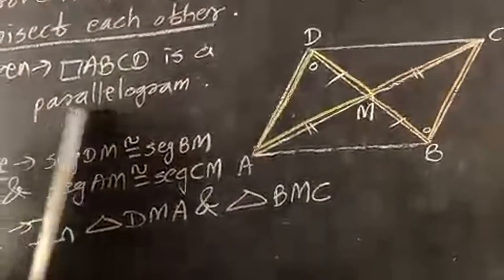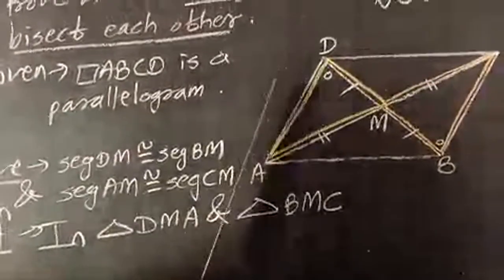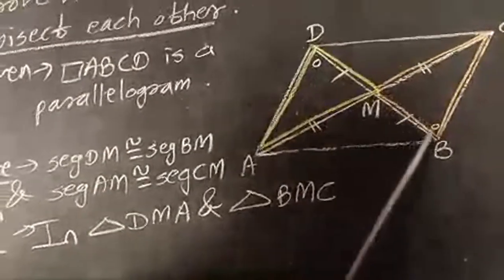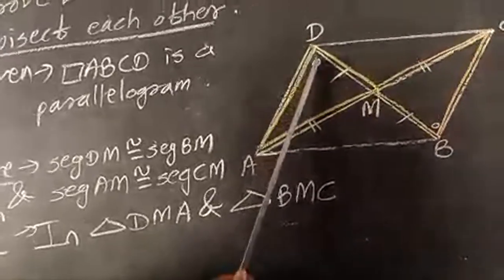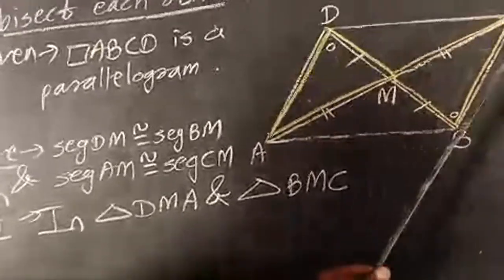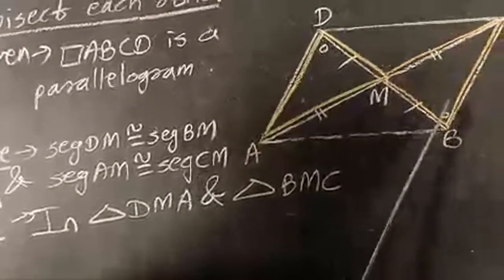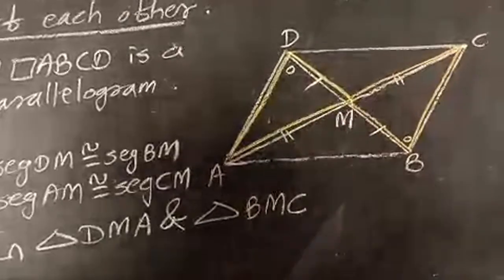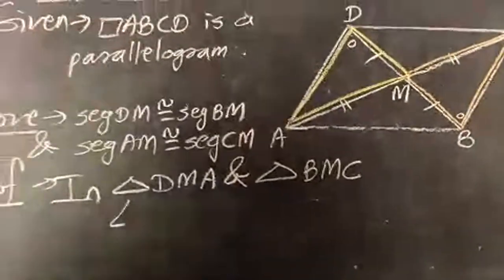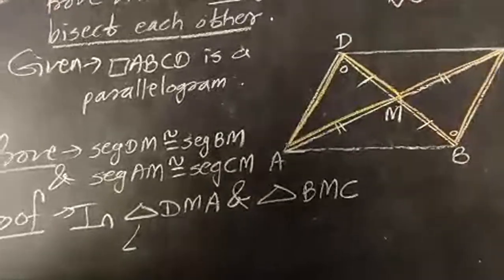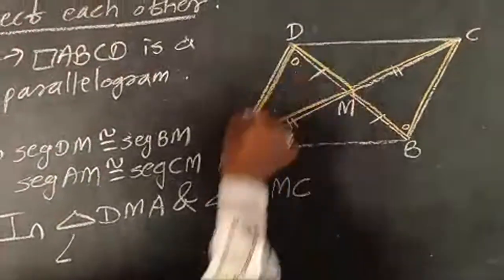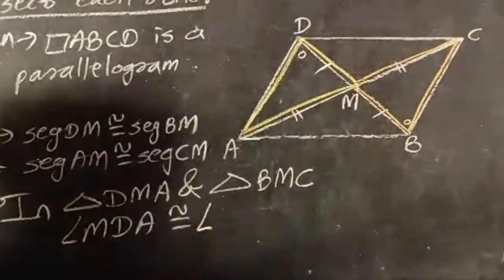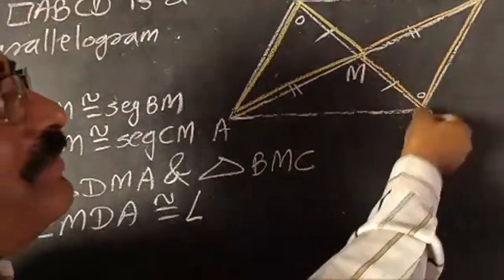Yes, this is a parallelogram, and therefore these two lines are parallel. This line and transversal make the angle at D. This parallel line and transversal make the angle at B. Therefore these angles are congruent. Tell the name of the angles. Angle MDA congruent to angle MBC, correct.